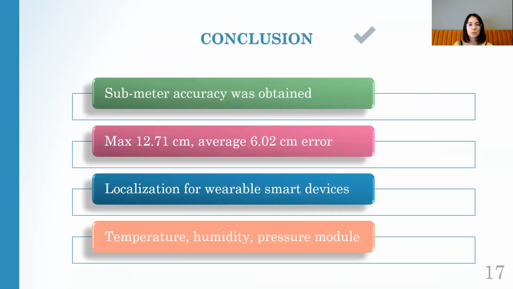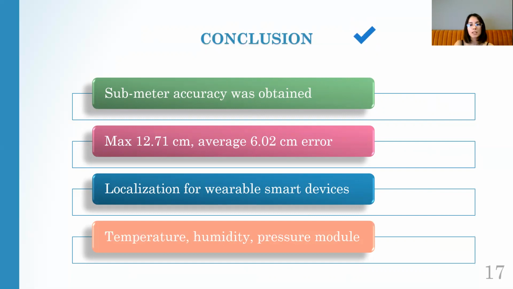As a result of the measurement, it was observed that the system worked with the highest 12.71 centimeters and average 6.02 centimeters error margin. More precise results were obtained compared to the initially targeted results in the developed algorithm.